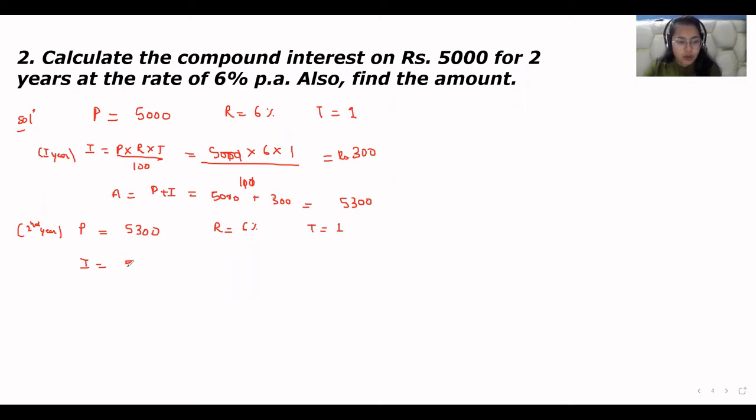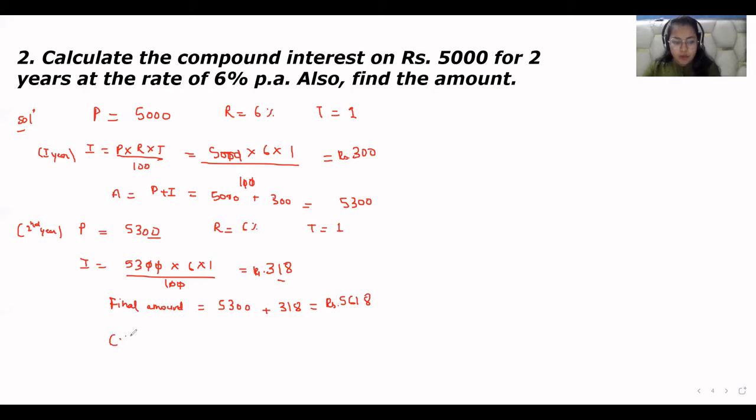We directly put the values: 5,300 times 6 times 1 over 100. After eliminating and multiplying by 6, we get 318 rupees. So our final amount is the principal plus the interest, 5,300 plus 318, and we get 5,618 rupees.